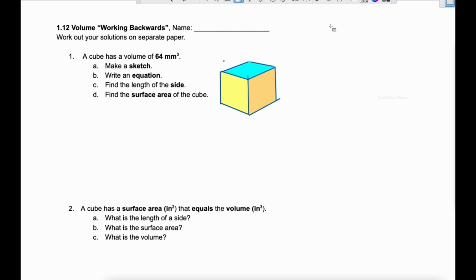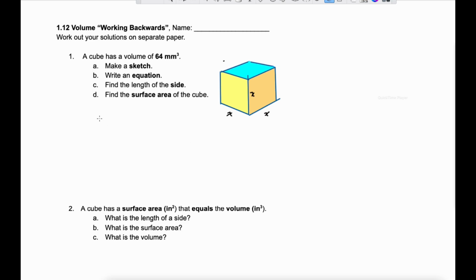A cube has just one dimension that we need to worry about, and that's the side. How about we just call it x for simplicity? So x by x by x.